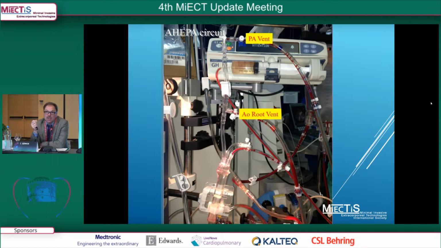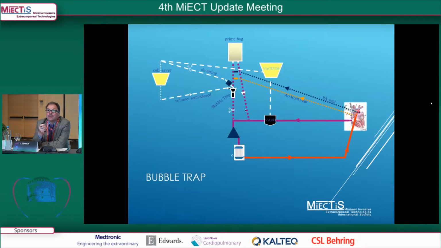using a syringe or hooking up directly to a cell saver with negative pressure through the cell saver. And this is just a picture description, showing you can hook up the aortic and PA vent directly and de-air through that bubble trap.